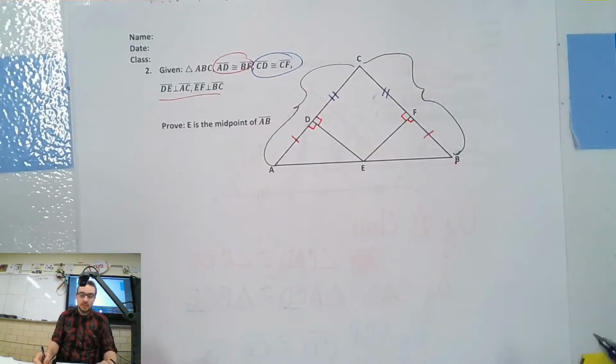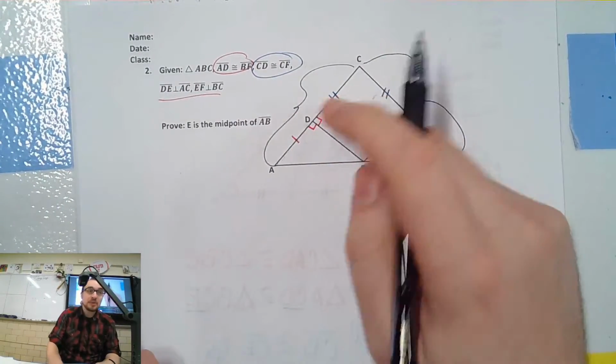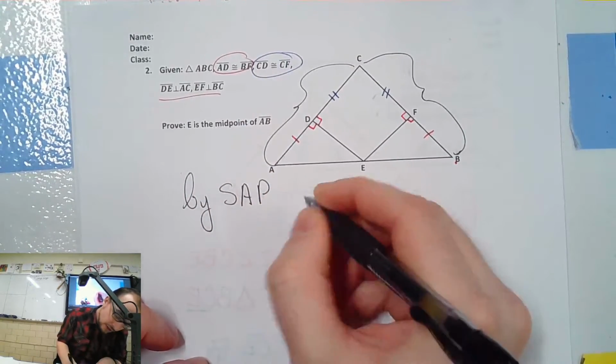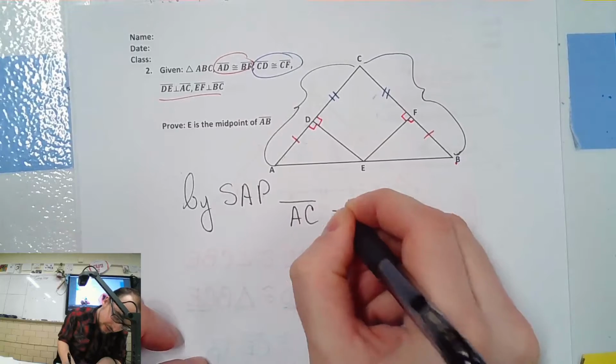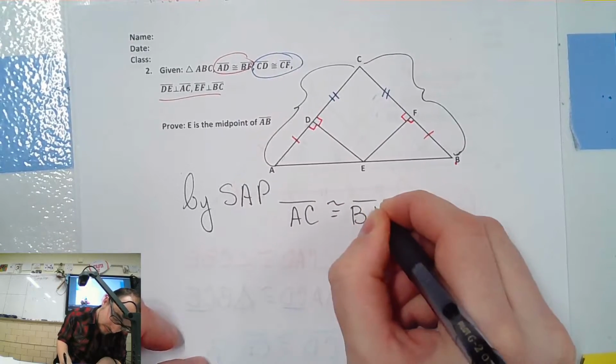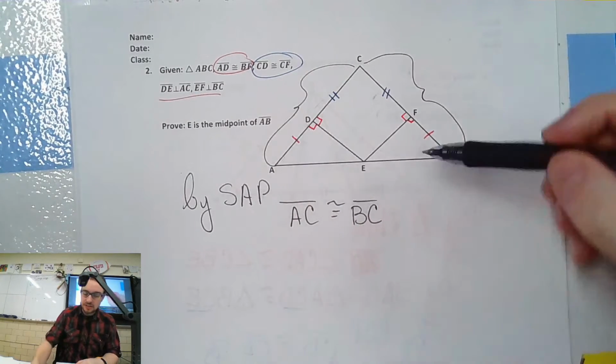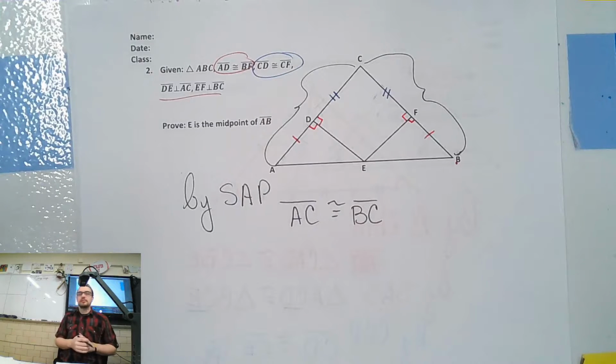So by segment addition postulate, the two small pieces add up to the big one. We know that AC is congruent to BC. Okay, so now we've got that.